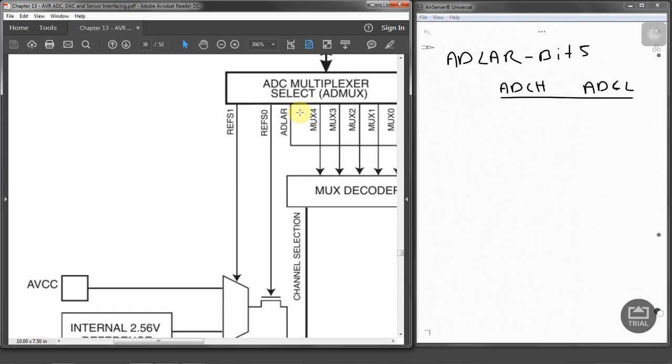When ADLAR is 1, our D9 to D2 will be on the ADCH and D1 and D0 on the ADCL, and the rest is unused.